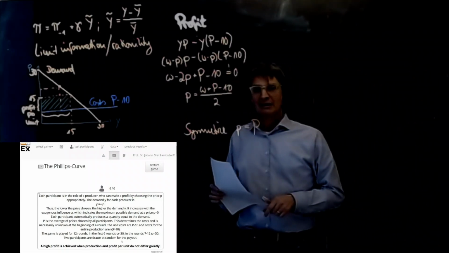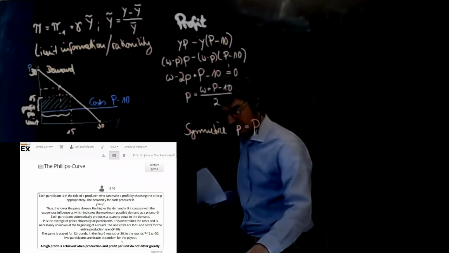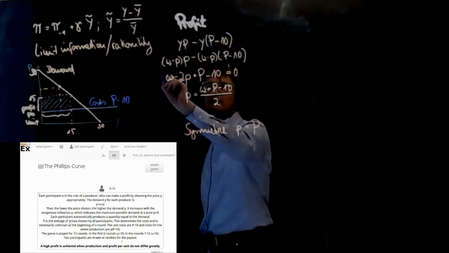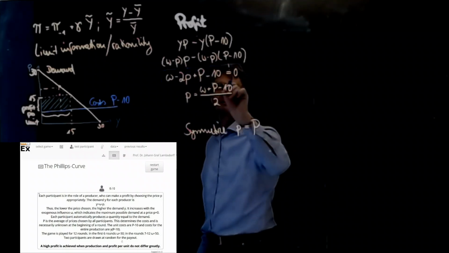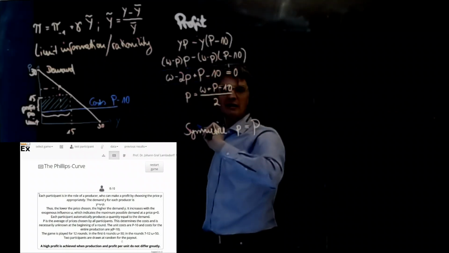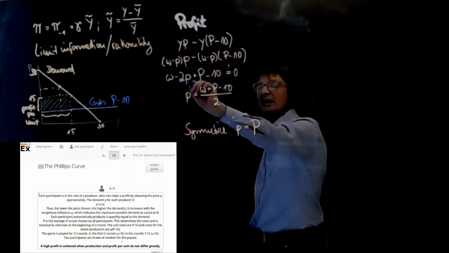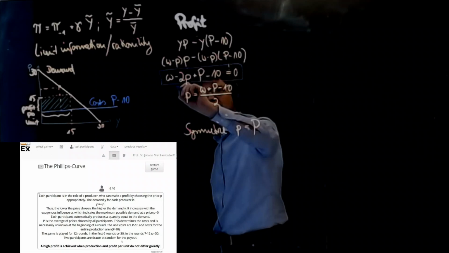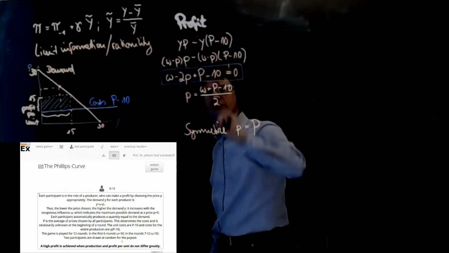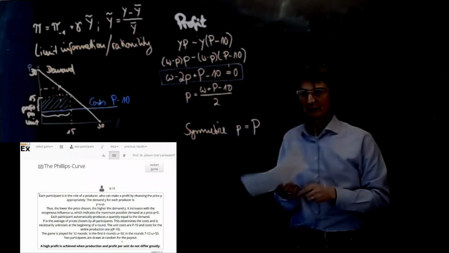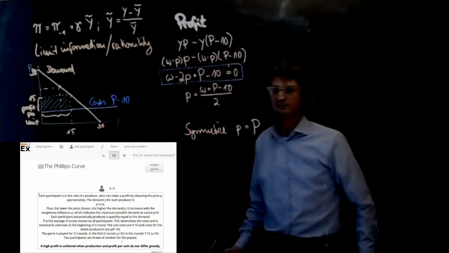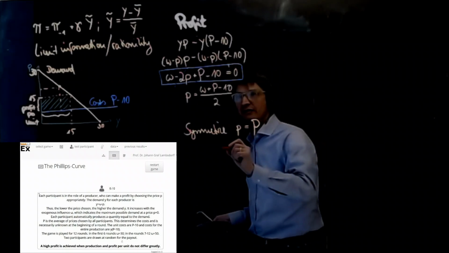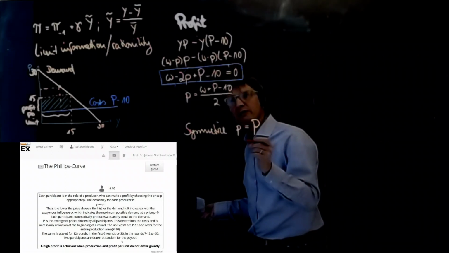And when we recognize this, we can simply insert this into this function here. So we have here minus 2p plus capital P. So we can simply erase this minus 2 with this here. So we are left over only with minus p. And this provides us with a simple solution.